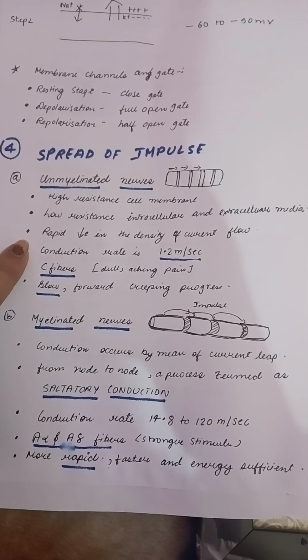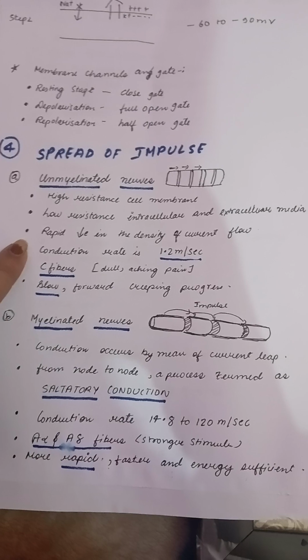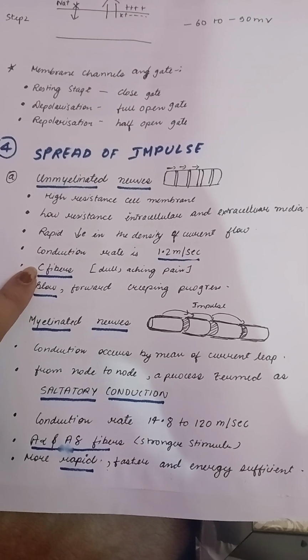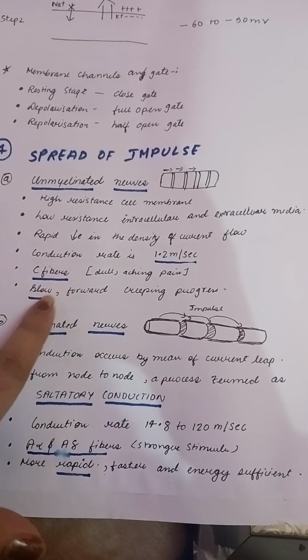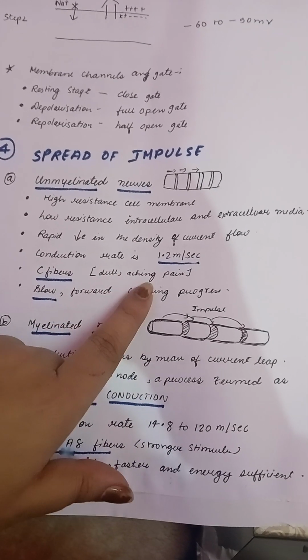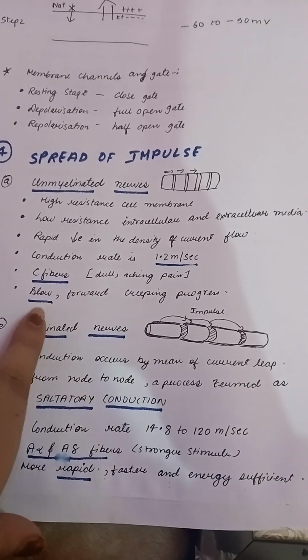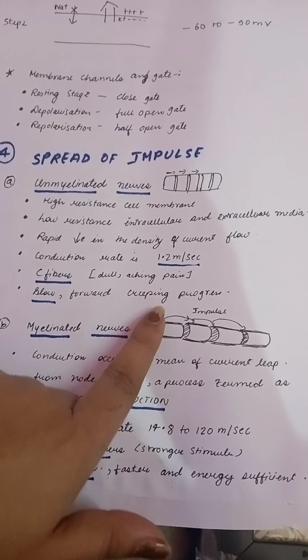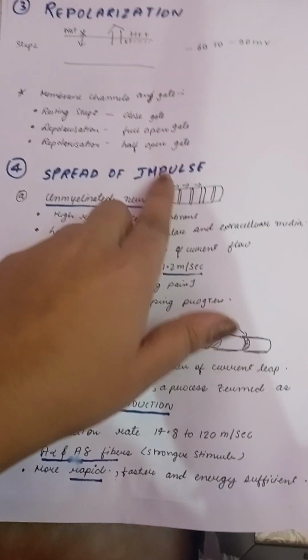There is rapid decrease in density of current flow. The conduction rate is 1.2 meter per second, and it is mainly seen in C fibers which carry dull aching pain. The spread of impulse is very slow. It is in forward direction and in creeping progress.